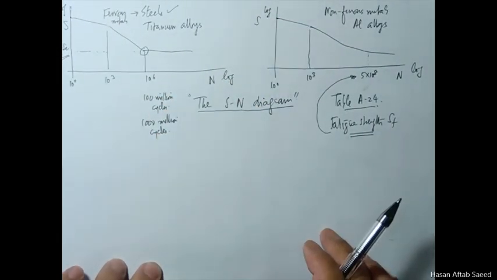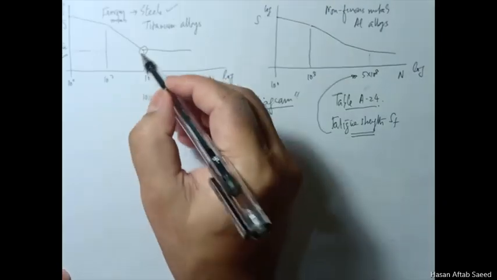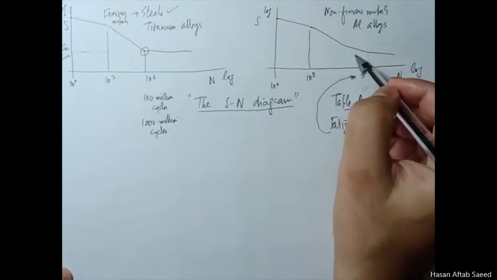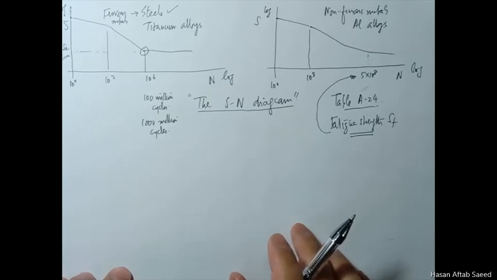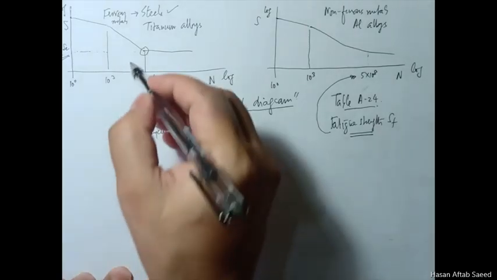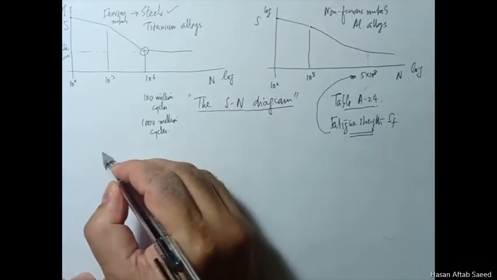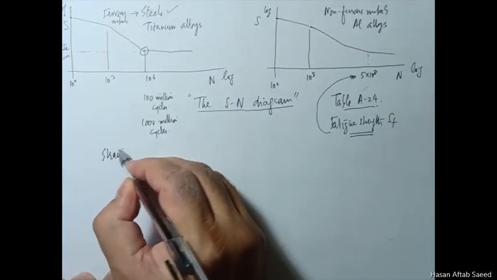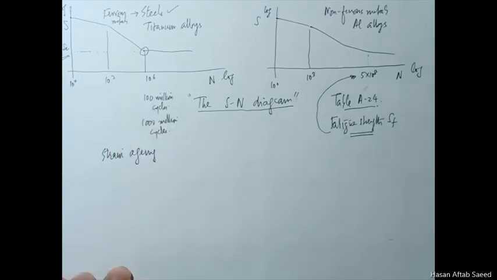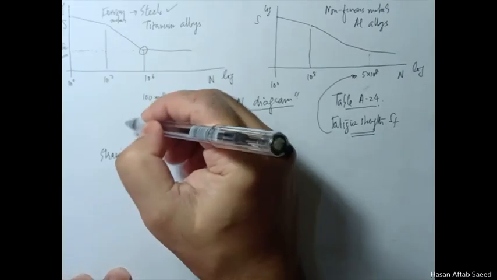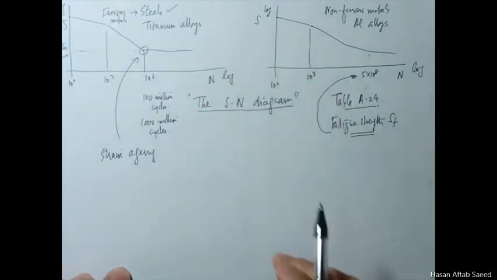Now, there's a usual question why a knee is present in one case and no knee here. So the material scientists, they offer some explanations. For example, they say that the materials which are capable of strain aging, as steels are, they demonstrate this knee.